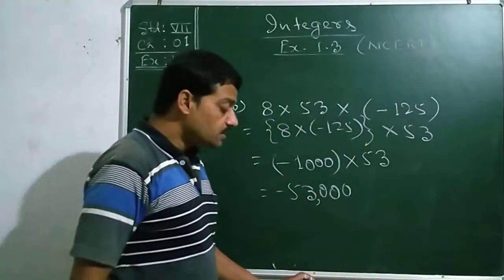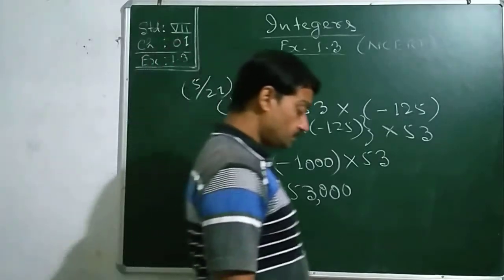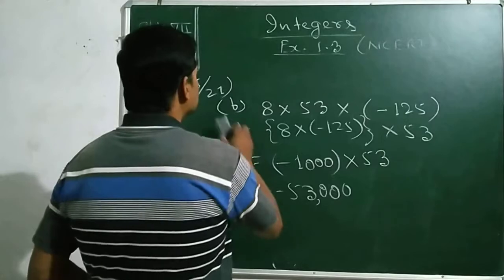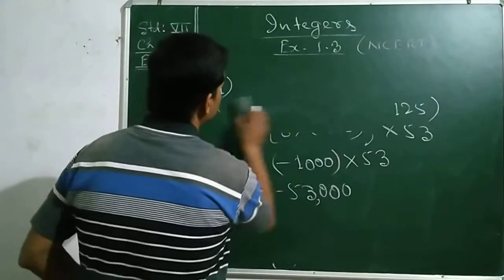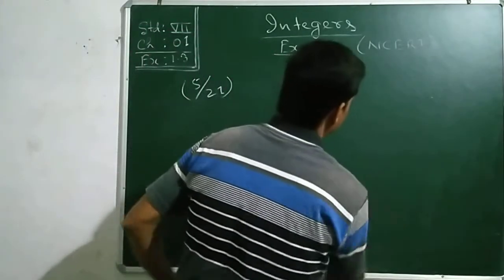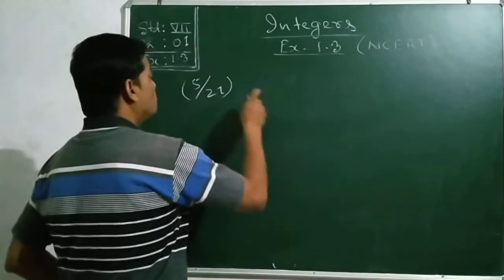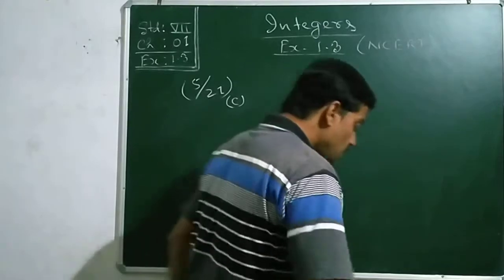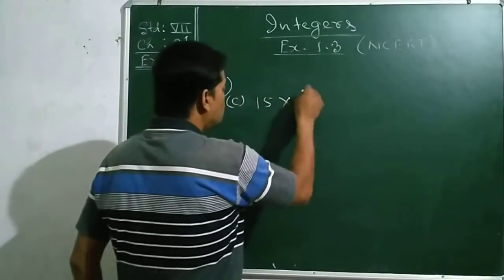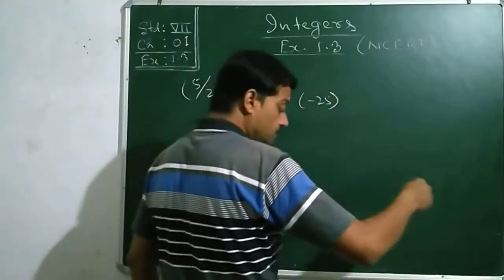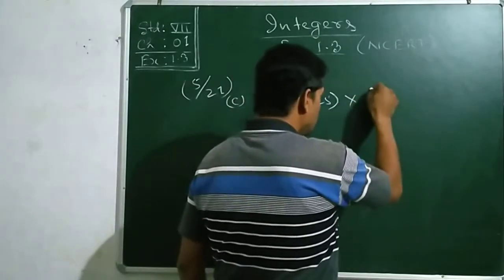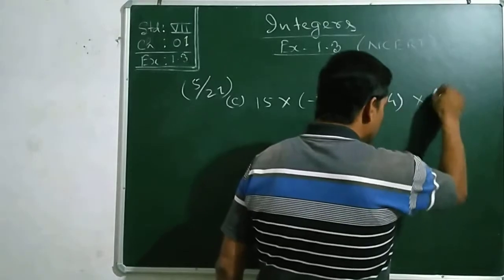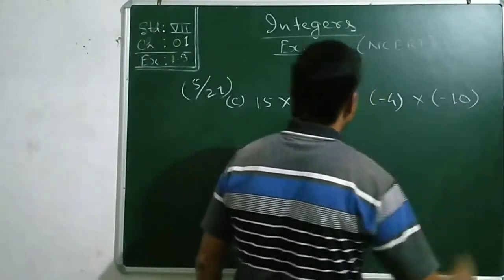In the three number sum also, no, it is C number. 15 into minus 25 into minus 4 into minus 10.